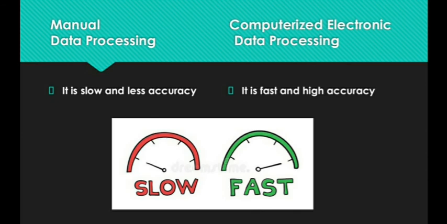Coming to the second point, manual data processing is also called the paper and pencil system, where the employee works manually by writing on a sheet or paper, so it is slow. In computerized processing, the data will be entered using a keyboard, mouse or other input devices. Hence computerized electronic data processing is fast and highly accurate.